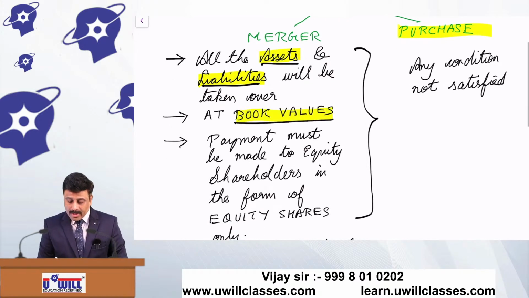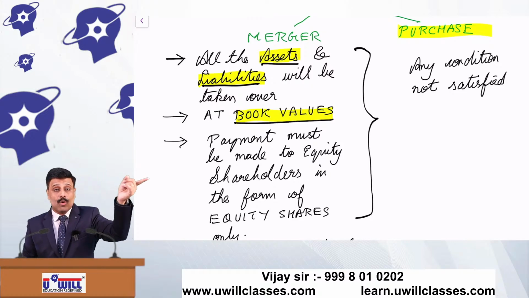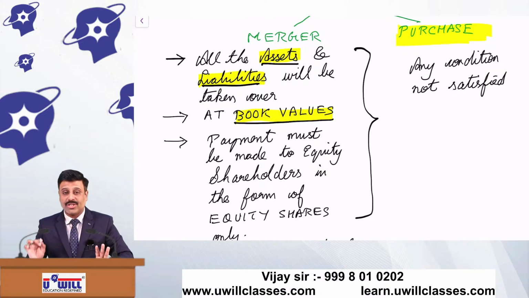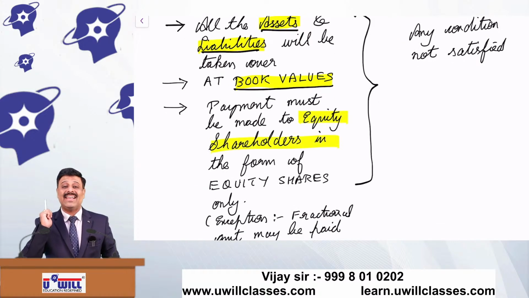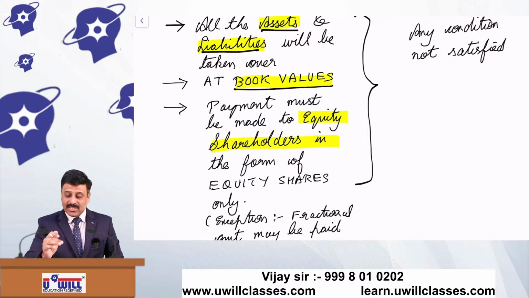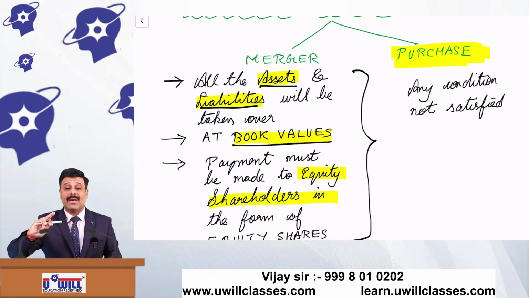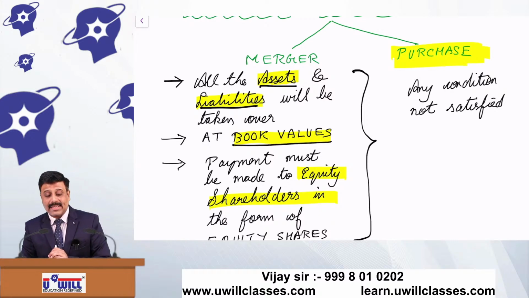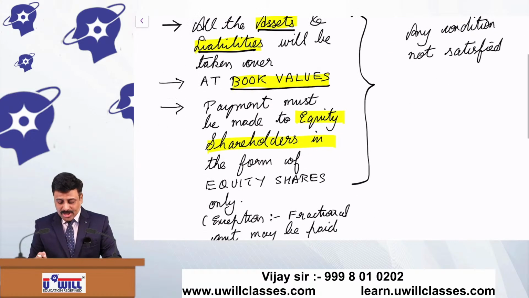At book value, like I said to you, if any asset, let us say plant and machinery or land and building, is taken at a different value, it will become purchase. And if you make payment to equity shareholders either in cash or in the form of preference shares, then again it will become purchase. So if any one condition of merger is not satisfied, it becomes amalgamation in the nature of purchase. I hope everyone is clear with how to identify whether it is a merger or a purchase. Every question, friends, you'll have to do this.